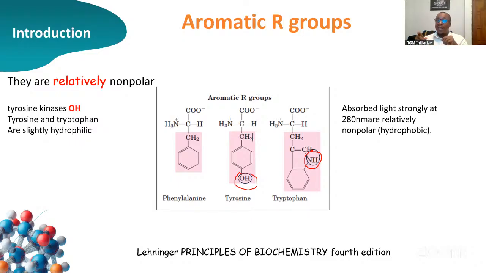Now, tyrosine and tryptophan are slightly hydrophilic because of the hydroxy group and the amino group. When we say tyrosine kinases, these are enzymes that phosphorylate a protein at the tyrosine residue.